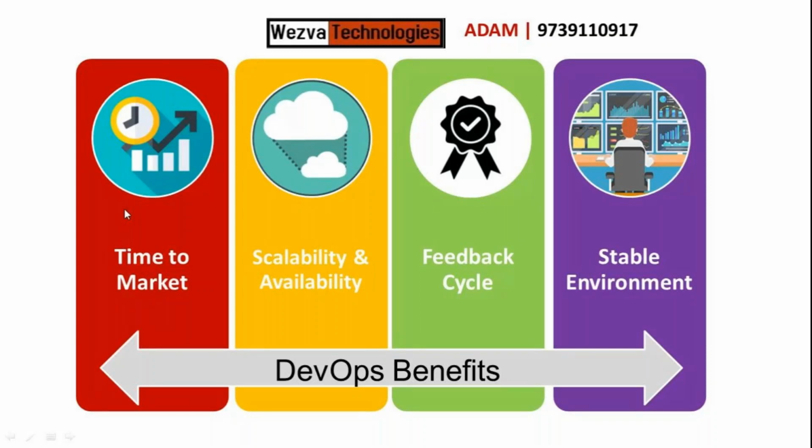Products are not getting delayed by months or years. We have weeks in which new products, new updates, or new versions are coming out. So they need to do it in such a way that they can deliver it to the customer faster. That's the complete focus on how soon we can bring the product to the market.